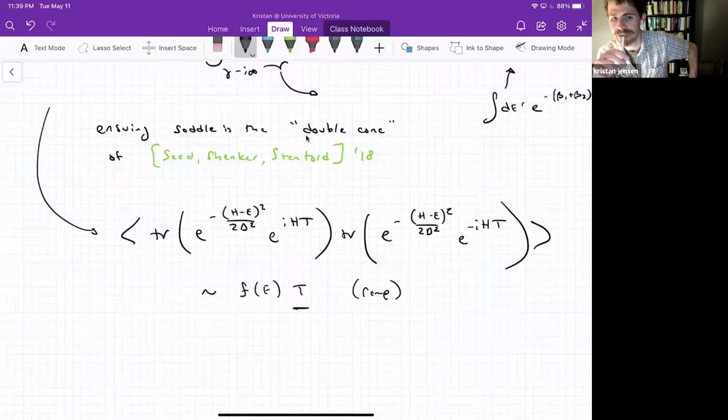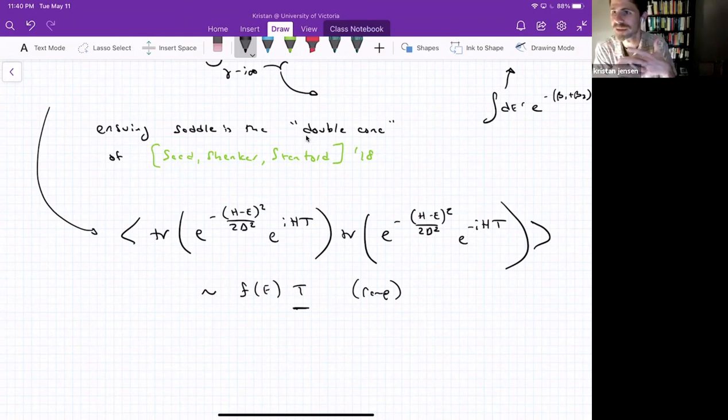And if you didn't have the time, then you would expect the repulsion. I forget how this looks, but if you wanted to compute this in random matrix theory, you just replace these traces with rho of E times the appropriate function of E.